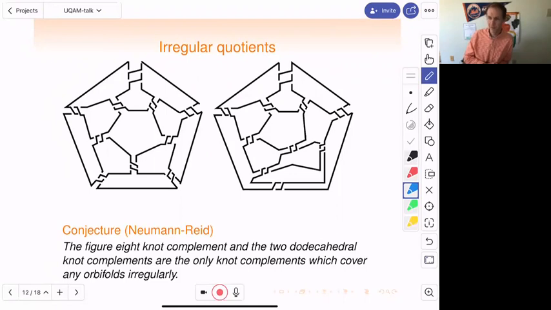Now, for irregular quotients, to start out with, we have to worry about 3 types of cusp quotients. And in fact, there are some knot complements that fit into this picture.